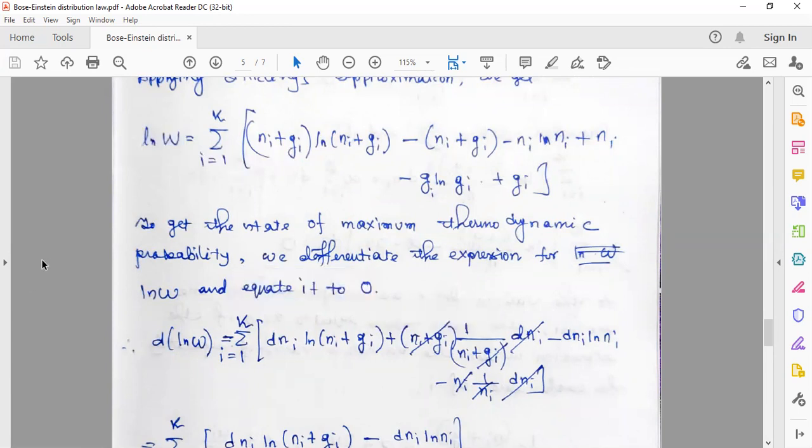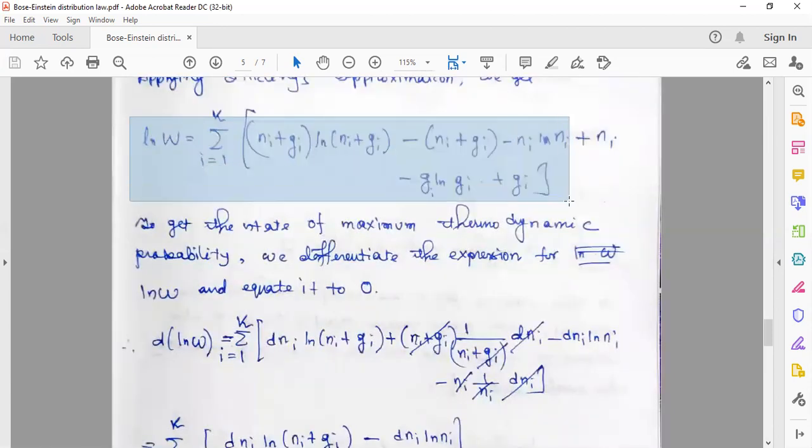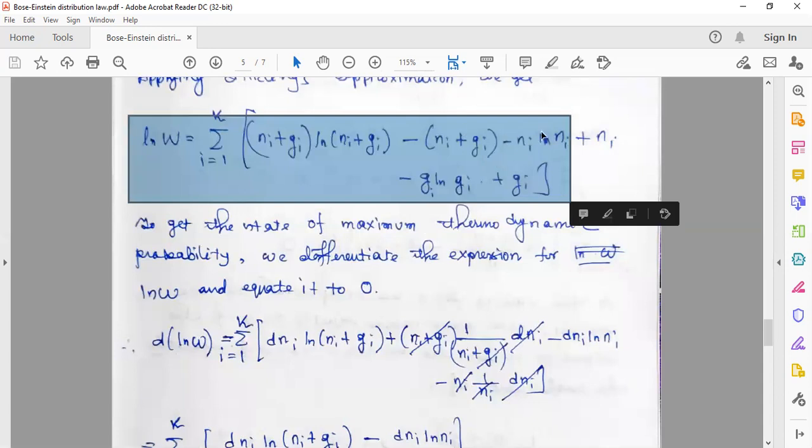Because if some function has a maximum value, then you already know that the differentiation of that particular function has a value equal to 0. So we have to differentiate this equation, of course by cancelling this ni and gi. Whatever terms are left, that particular equation you have to differentiate and then make it equal to 0.